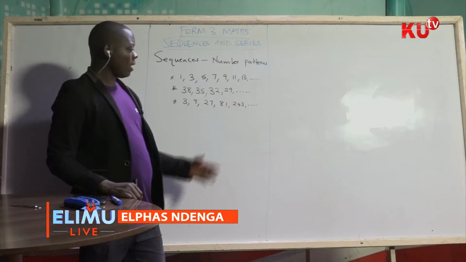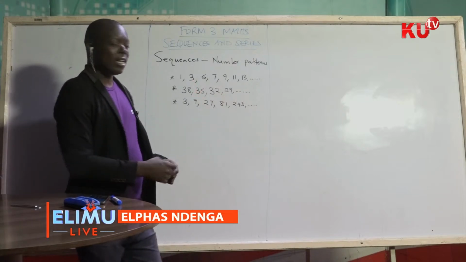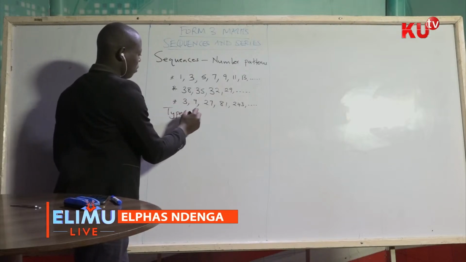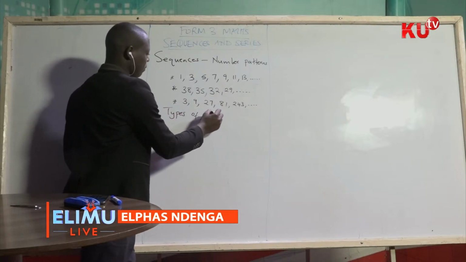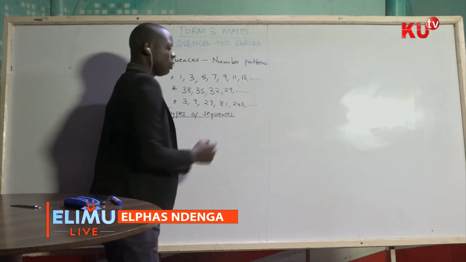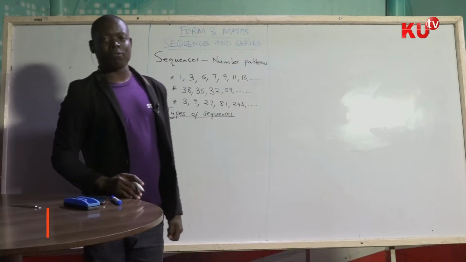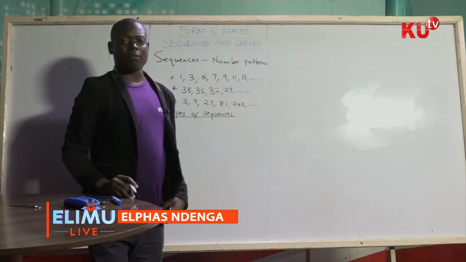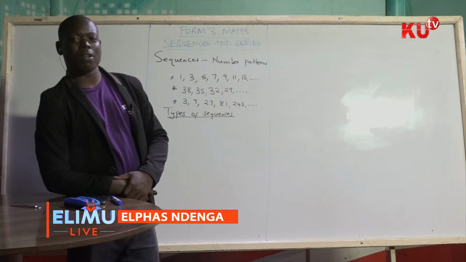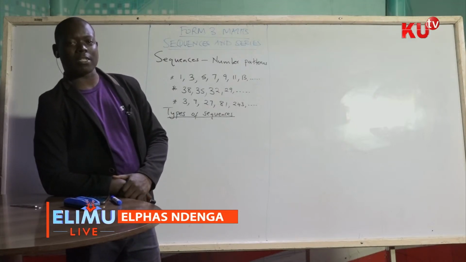That's why we have what we call the types of sequences. These that we are calling number patterns are grouped into two main types. Who can tell us from the previous discussion what the two types of sequences are, students?